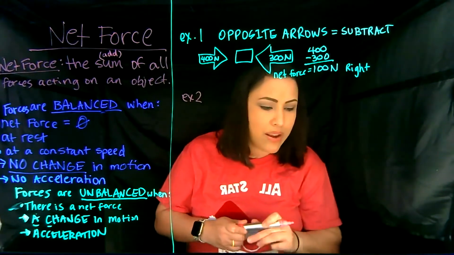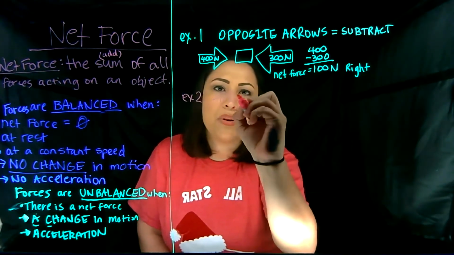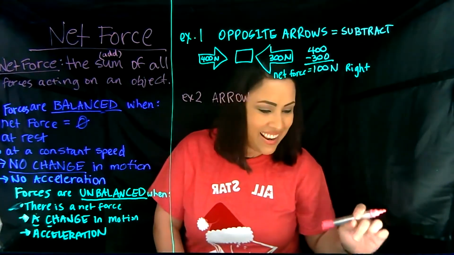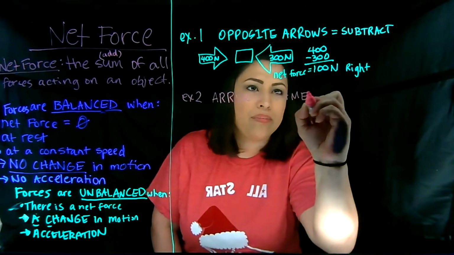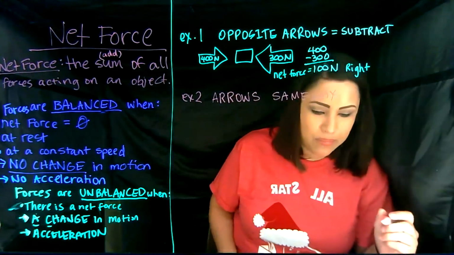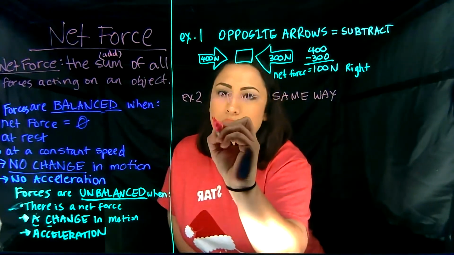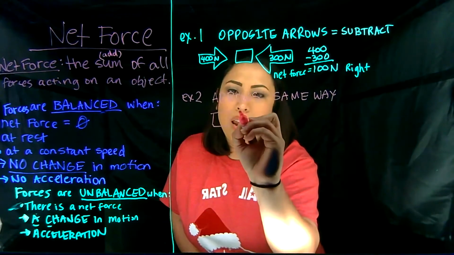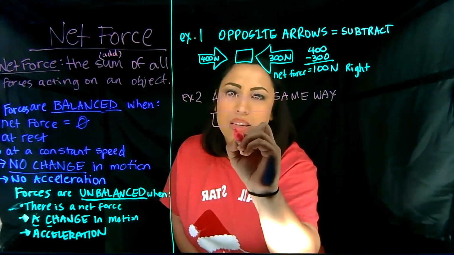All right, next example, example 2. Now we're going to see if arrows are moving in the same direction. Arrows going the same way. So again, we're going to draw our box. And now we have 2 arrows. I'm just going to draw the arrows like this.